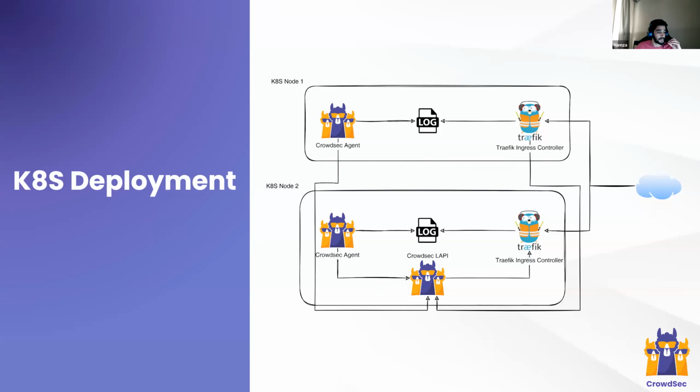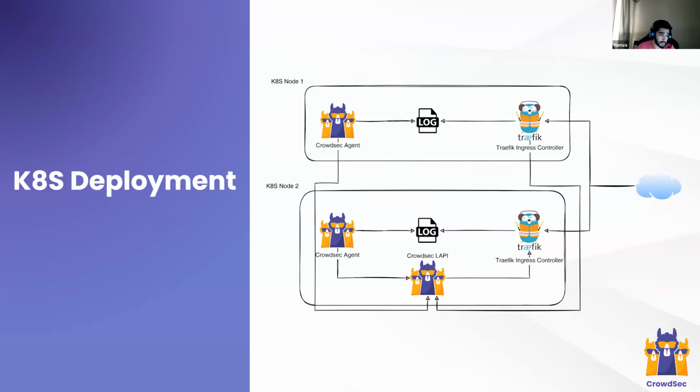So for the demo, what we'll do is first see an example of CrowdSec architecture in a Kubernetes environment. You have CrowdSec installed through Helm, because we released a Helm chart. It installs the agent as a daemon set on each node.